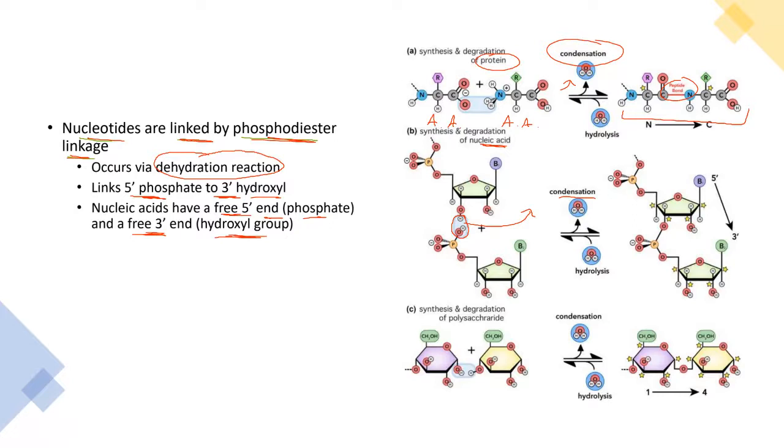This is our phosphodiester linkage, our covalent bond. This is how we get one nucleotide together with another nucleotide. We always add a new nucleotide at the 3' end of a molecule. That would be the first part of our nucleic acid section.